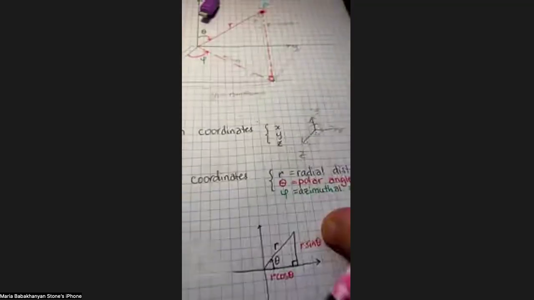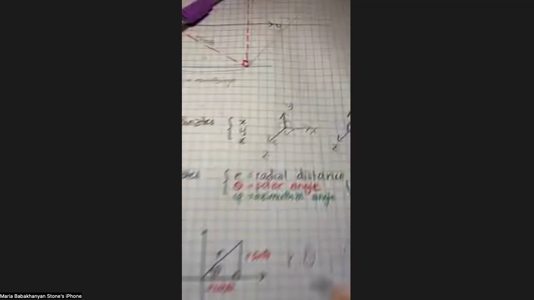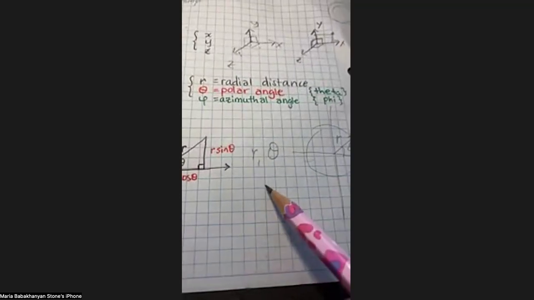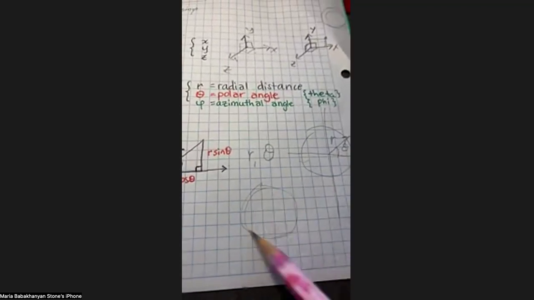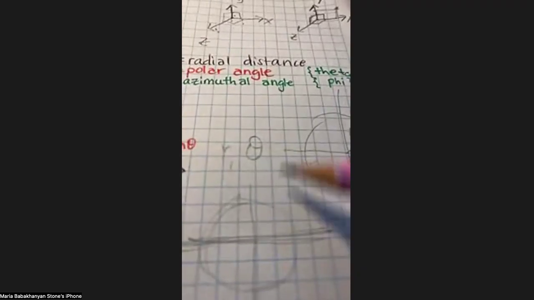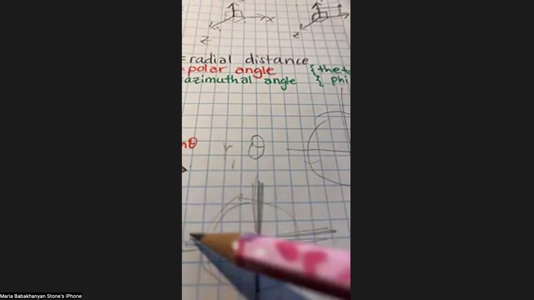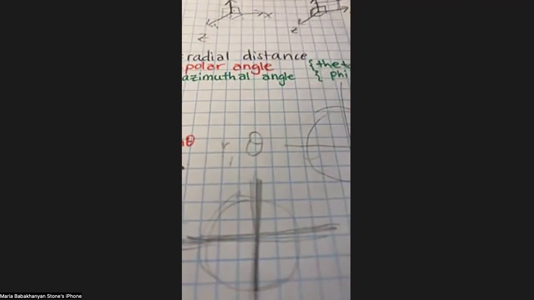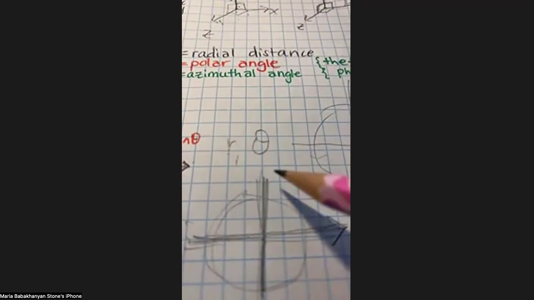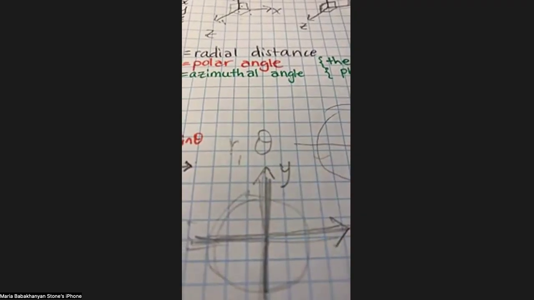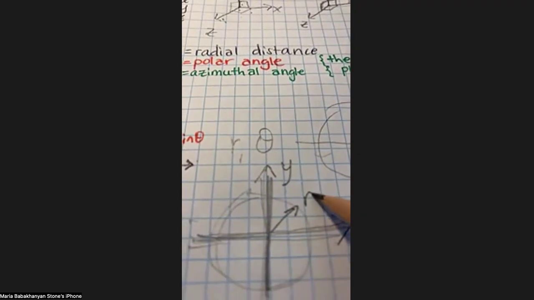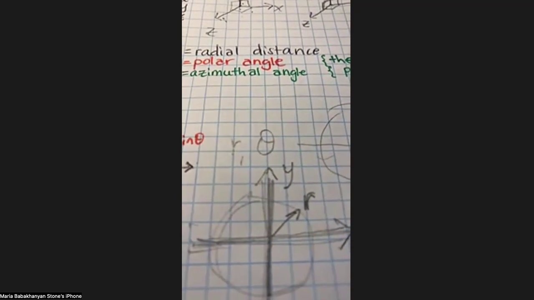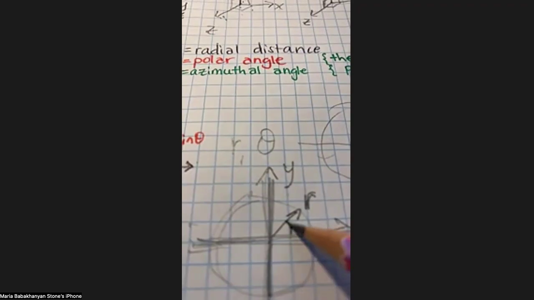So then you can have another type of coordinate system, the polar coordinate system. That's when you have kind of a circle. Your first coordinate is r, the radial, and your second coordinate is the angle.